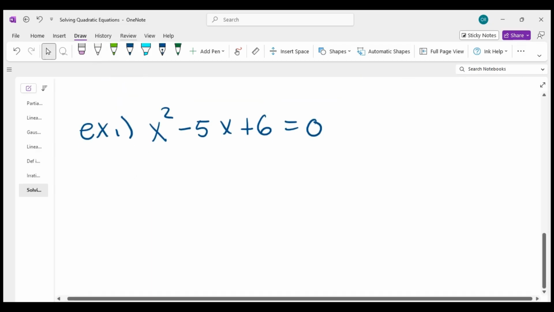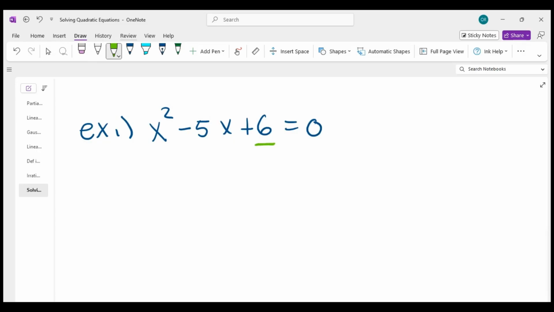So for this, you want to factor, and what we want to ask ourselves is what multiplies to get 6 and adds to get negative 5. In this case, it would be negative 2 and negative 3, because when you add negative 2 and negative 3, you get negative 5, and when you multiply them, you get a positive 6.